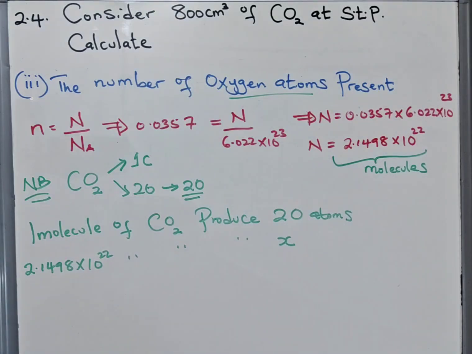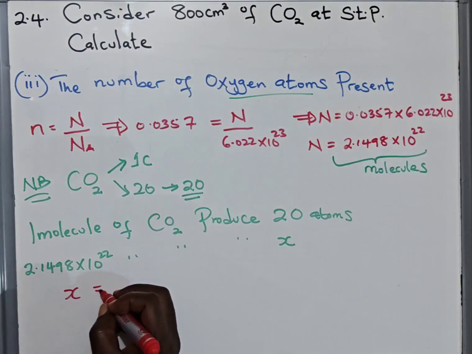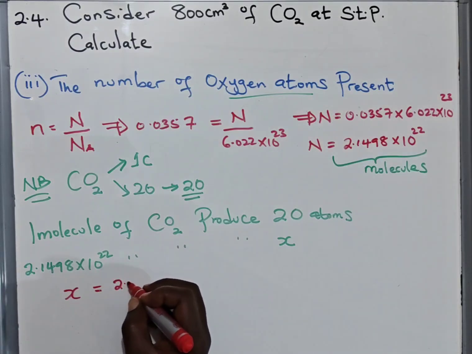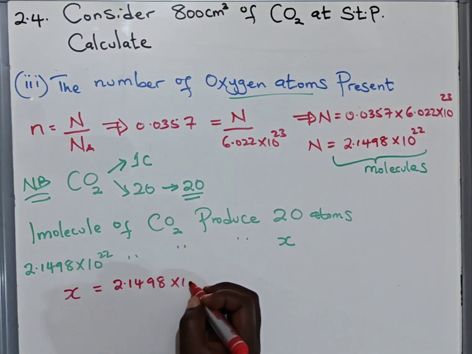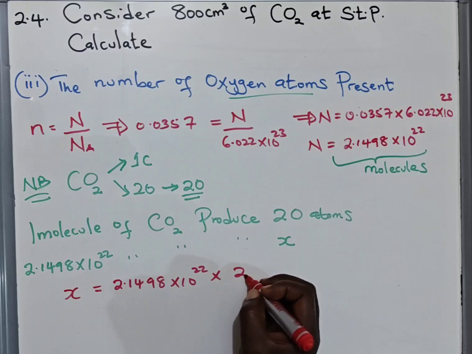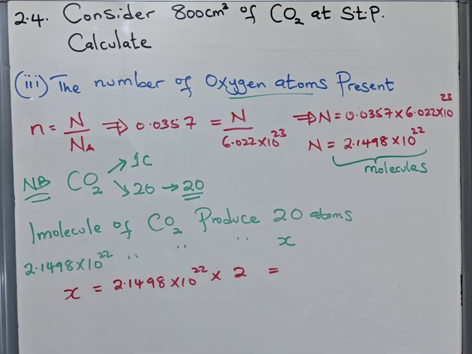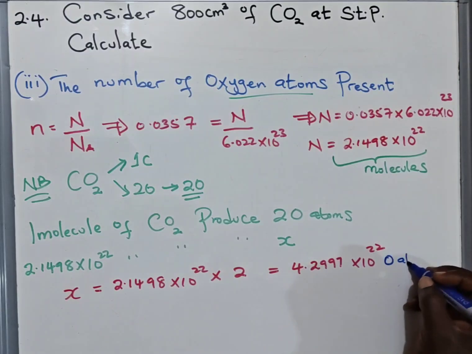We find our X. And through cross multiplication, we are going to get our X as 2.1498 times 10 power 22 times 2, giving us that. That is that. So what we have here are oxygen atoms.